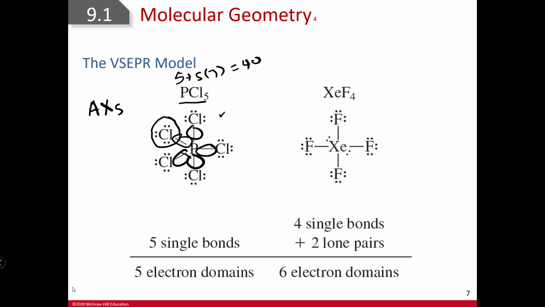So AX5, the electron domain geometry, EDG for short, and the molecular geometry are the same. And the name for this geometry is called trigonal bipyramidal. You said, what does that mean? Well, trigonal means 3, pyramidal means pyramid.